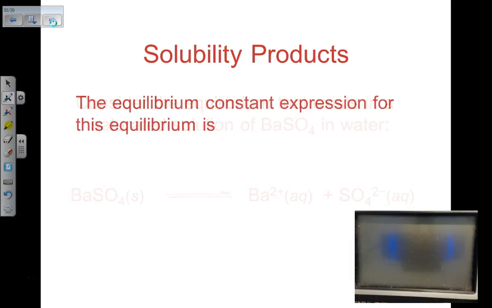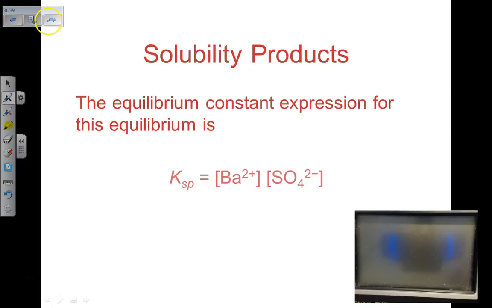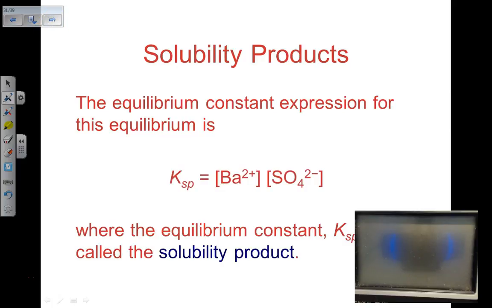Okay, so there's the equilibrium constant expression, and that K is called the solubility product. So I think it's important for us to go through a problem. So let me call up a problem and we'll go at it here.